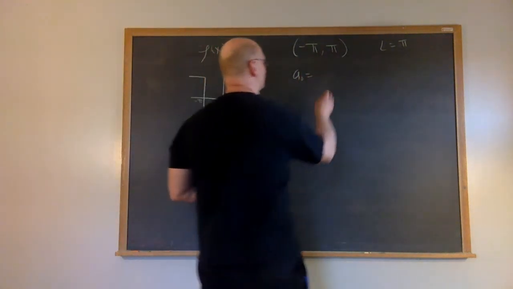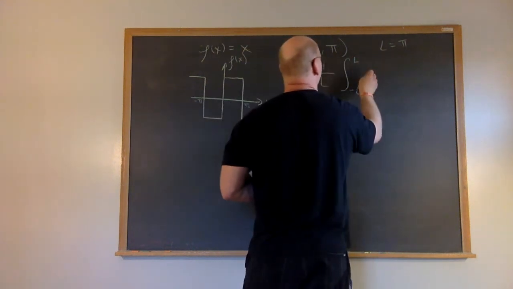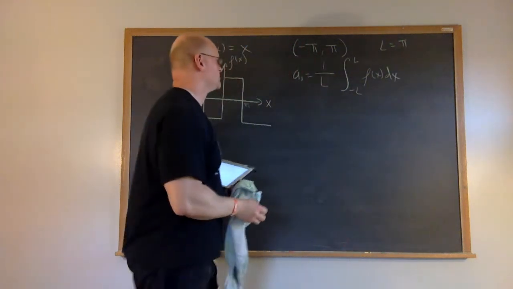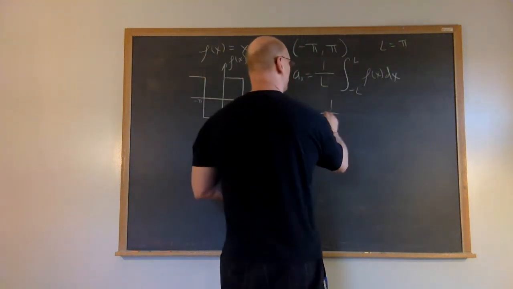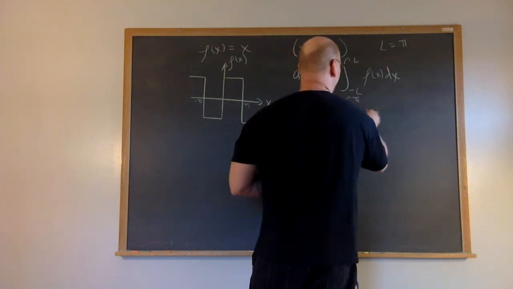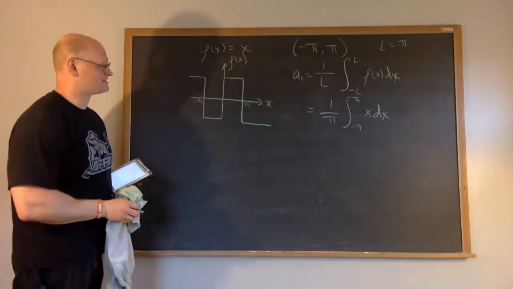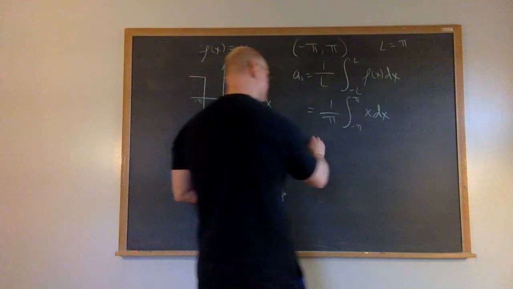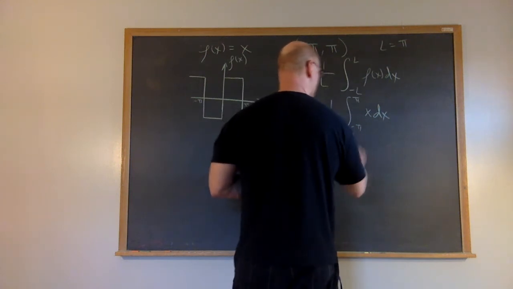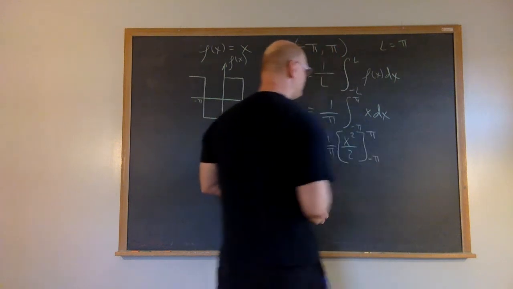So A0, again, we know is equal to 1 over L, integral from minus L to L, simply f of x dx. So let's put in our values here. This is going to be the same thing as 1 over pi, integral from minus pi to pi of x dx. And I'll talk about something with this in just a second. Let's do this integral. It's going to be the same thing as 1 over pi times x squared divided by 2, evaluated from minus pi to pi.